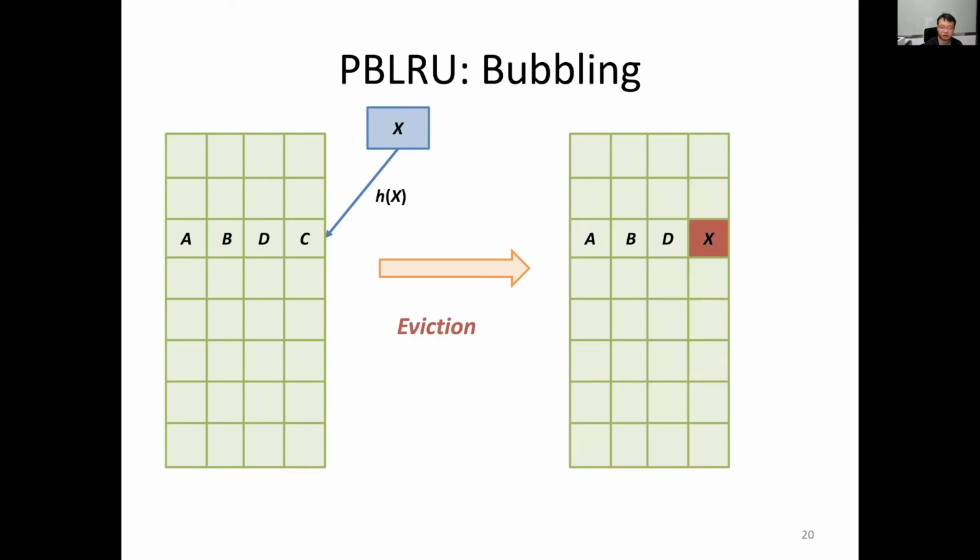So in other words, what's essentially happening here is that we assign a different priority to different slots in the bucket. The first slot has the highest priority, the second slot has the second highest priority, and the fourth slot has the least priority. And when we have to pick a victim, we always pick the one with the least priority.